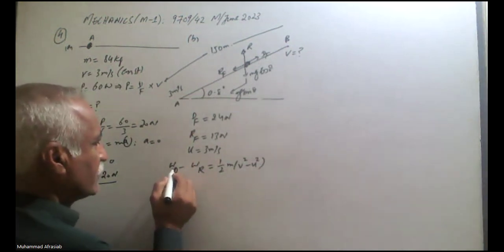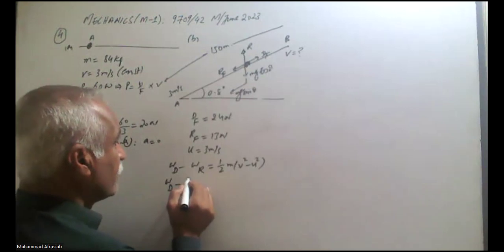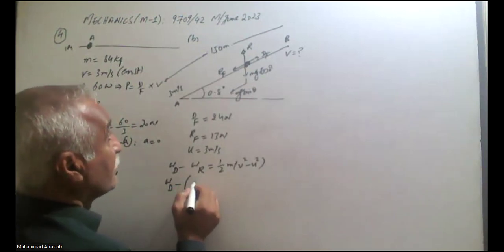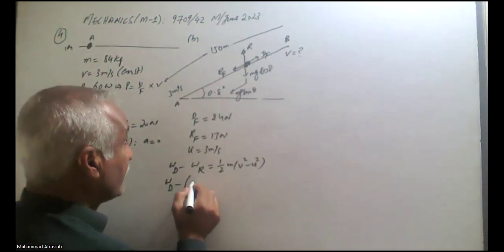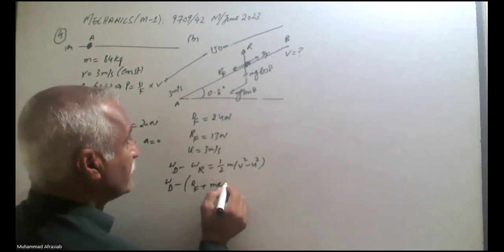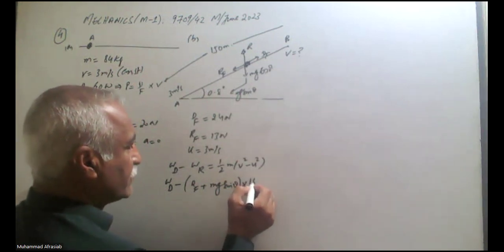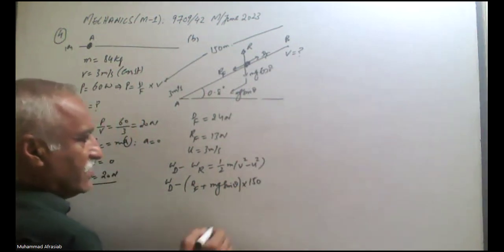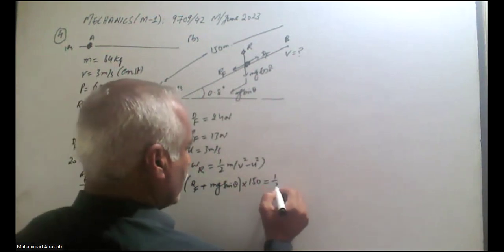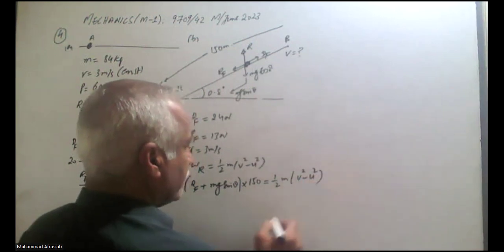The driving force is as it is. There are two types of resistance: one is the resistive force itself, and the other is mg sine theta into the distance between these two, which is 150, and that is equal to half m v square minus u square.